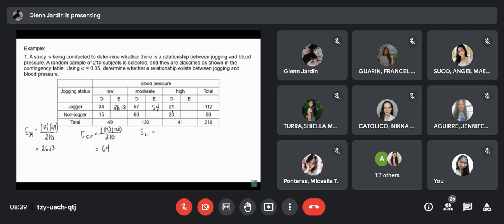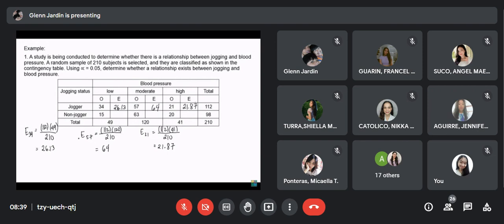Next, we have here E sub 21. Ito naman. Ang kanyang row total is 112 pa din, pero ang column total niya is 41. We have 21.87. Ginawa ko itong first row ng mga expected values.